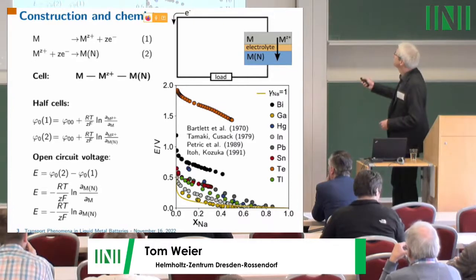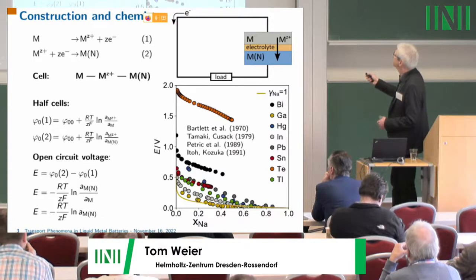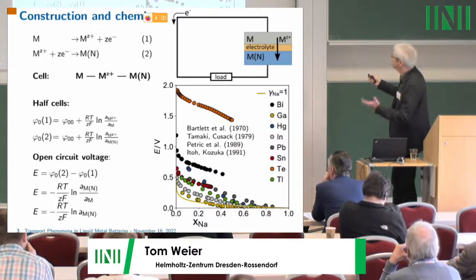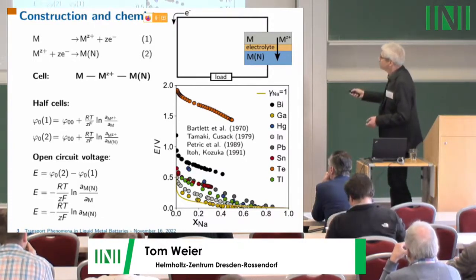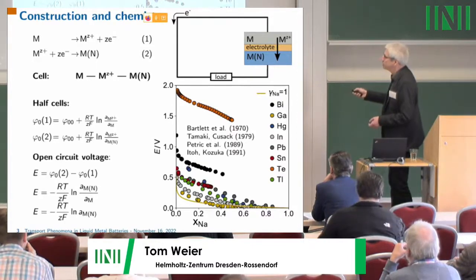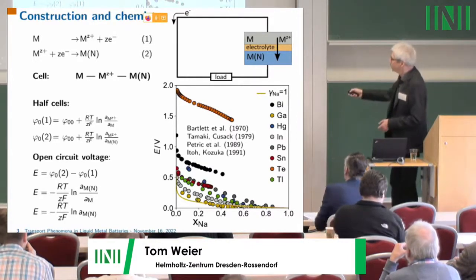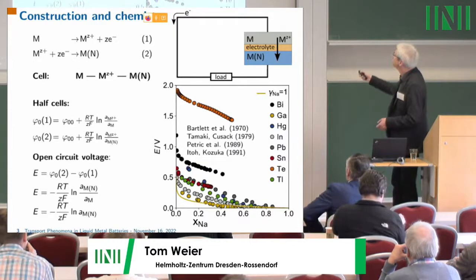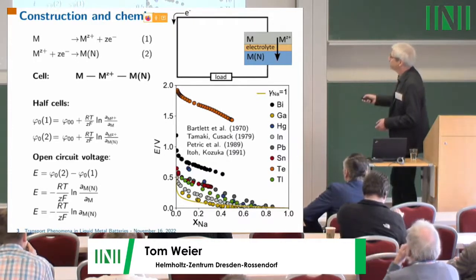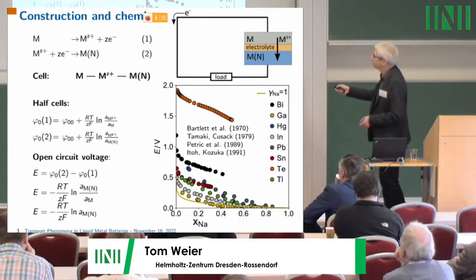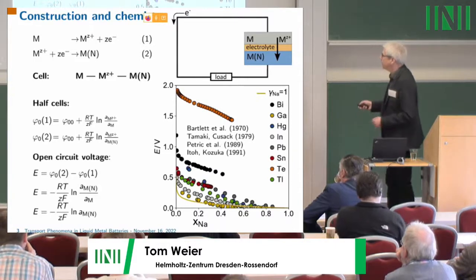And since it's both times the lithium ion that interacts with a lithium anode or with a lithium bismuth cathode, this standard potential is the same. To get the cell potential, you subtract the two potentials of the interfaces. And because the standard potential is the same, it drops out.